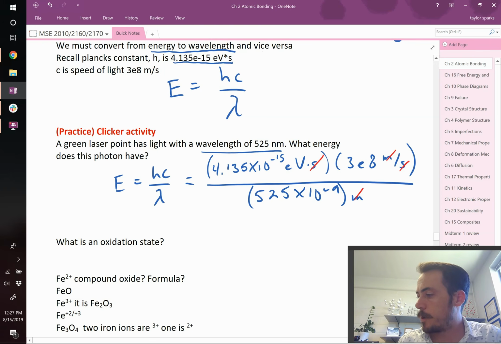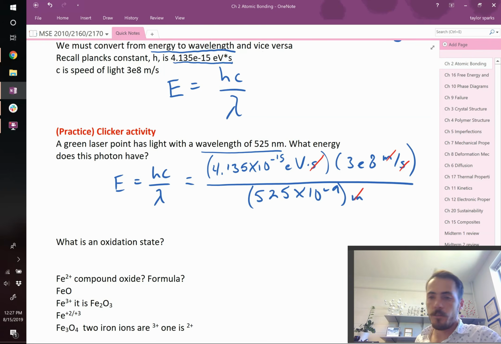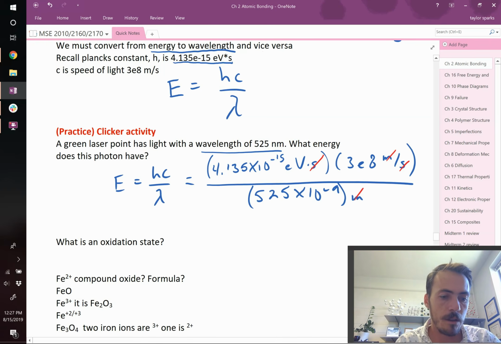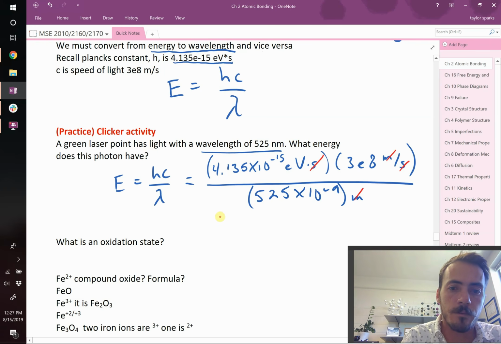So when I punch that in, I find the following: 4.135 e to the negative 15th times 3 e to the 8th divided by 525 e to the negative 9. I get that that's equal to 2.36 electron volts.